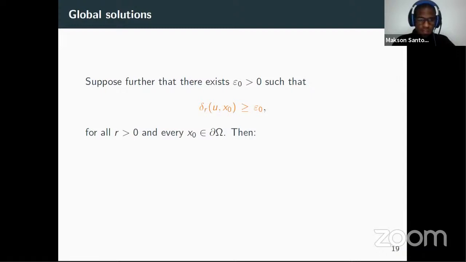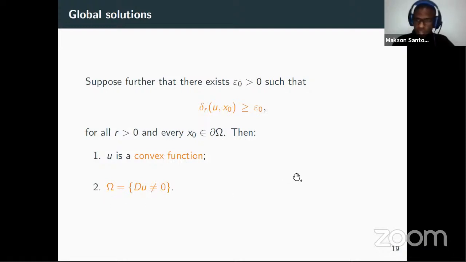Now, if we go a little bit further, suppose the thickness is bounded from below by a constant epsilon 0 for every r and every x0 in the interface. Then we can prove that U is actually a convex function and that omega is equal to this set, because we started by supposing that this is a subset of omega.